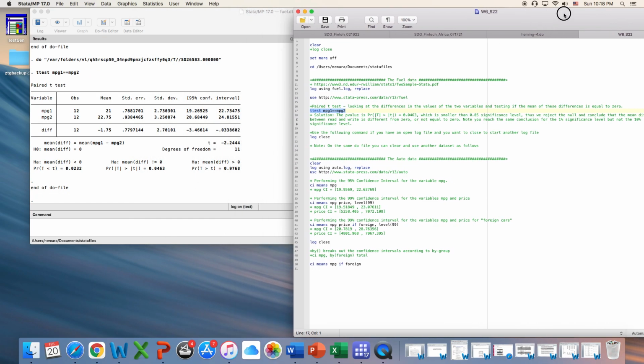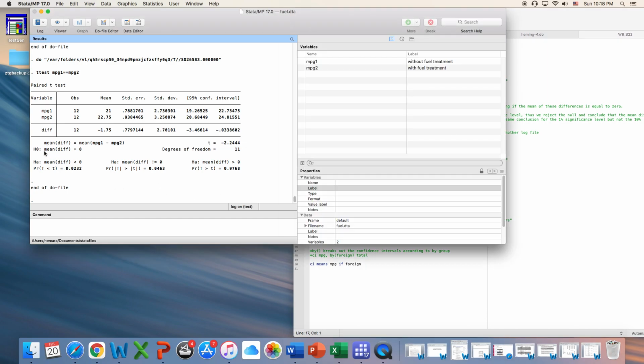As we have seen last week, you get your null hypothesis here saying that the mean difference is equal to 0. In other words, there is no statistically significant difference between the mean of MPG1 and the mean of MPG2, or their difference, which is negative 1.75, is not statistically significantly different from 0.